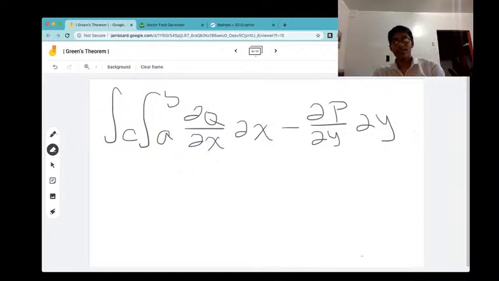Okay, and since I have two scalars right here, scalar number 1 partial x, scalar number 2 partial y, I can just go ahead and factor them out as I would normally.